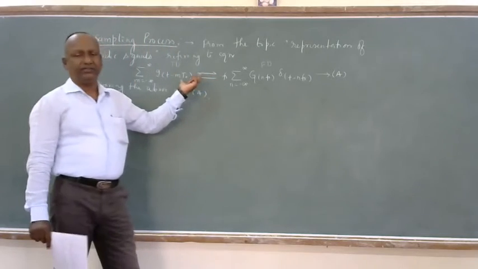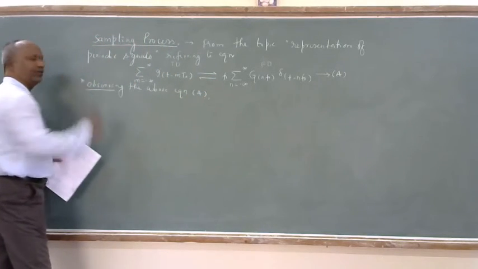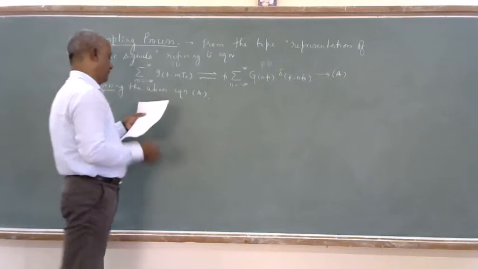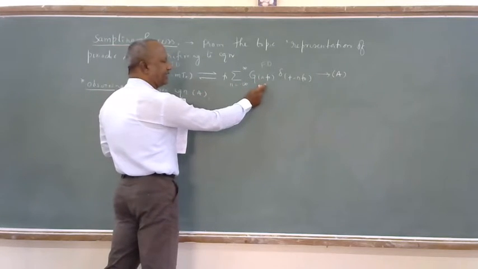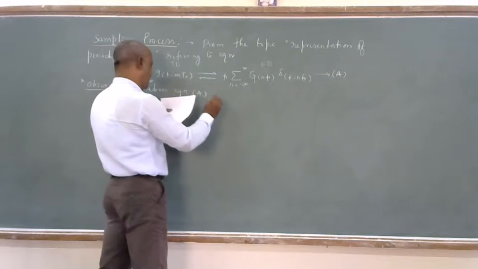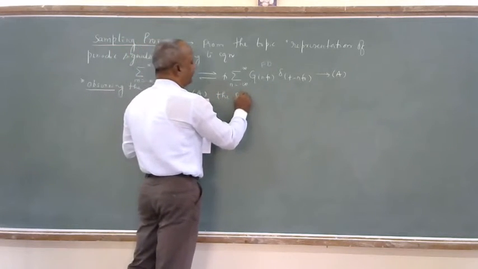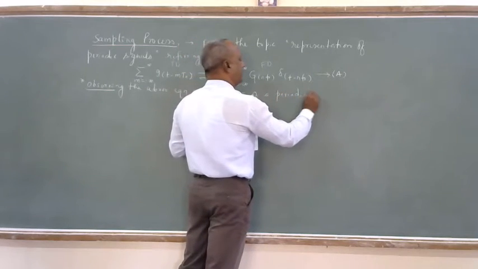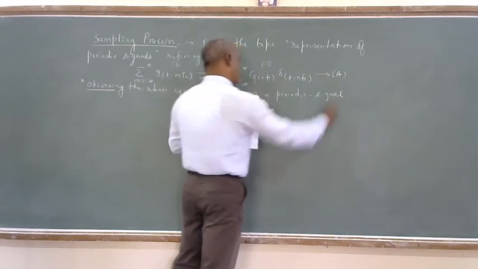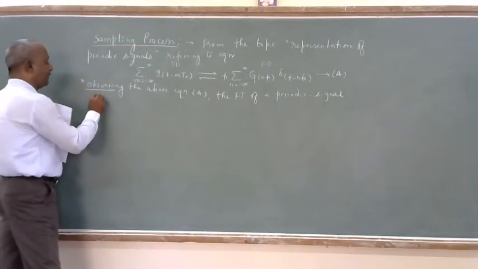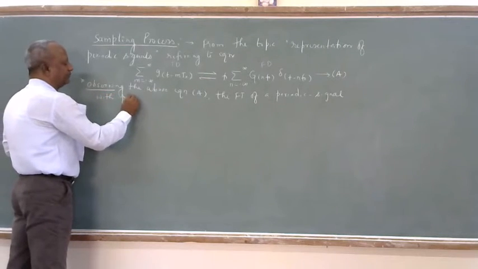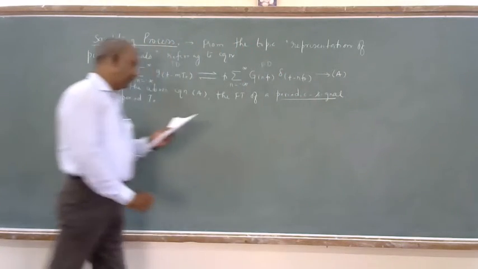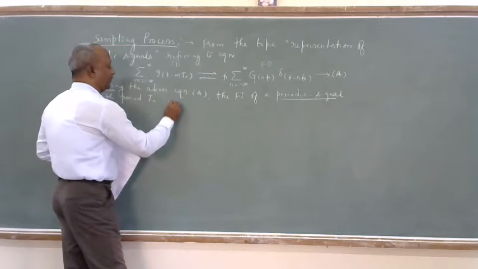So this is exactly the observation of equation A. I'm going to write: observing equation A, the right hand side is representing the FT of a periodic signal with period t naught.